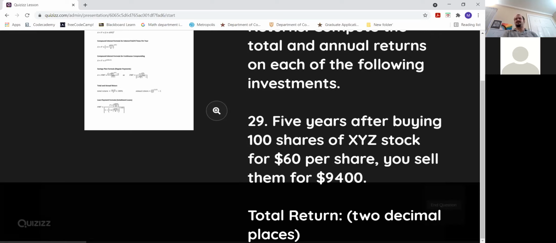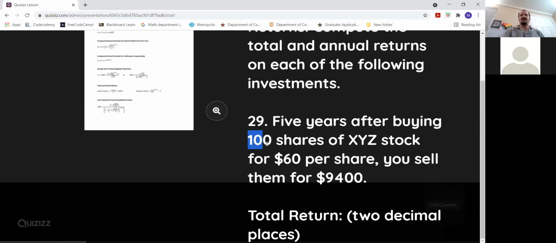5 years after buying 100 shares of XYZ stock for $60 per share, you sell them for $9,400. $9,400 is what you're selling them for in the end. That is your accumulated. What they don't give you here is your principal. So you might have to figure that thing out.